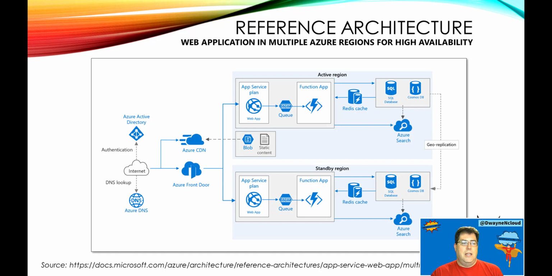And then you can see the CDN is actually grabbing static content from blob storage. And that was like what I was saying from a video standpoint. It's going to grab that information from blob storage. It's going to cache it then on a local endpoint that's closest to the region of that user.